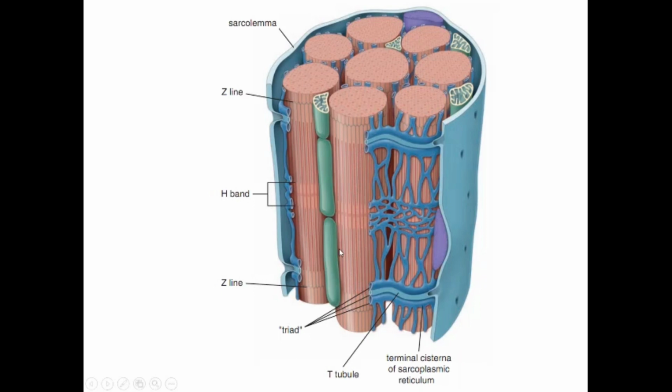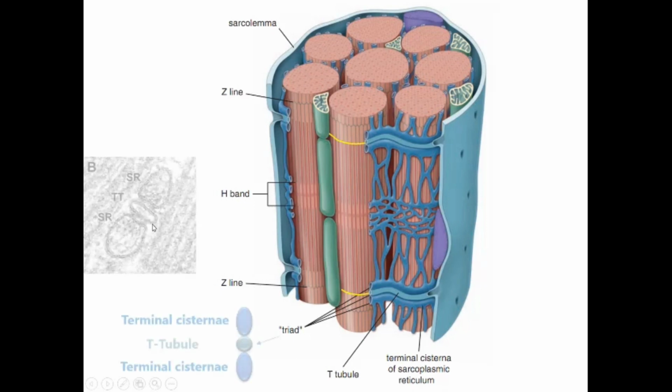In the TEM pictures, transmission electron microscope pictures, when we have longitudinal sections from skeletal muscle fibers, we see three tubes close to each other.